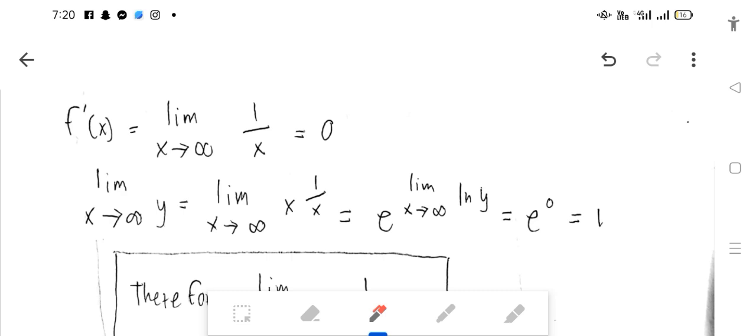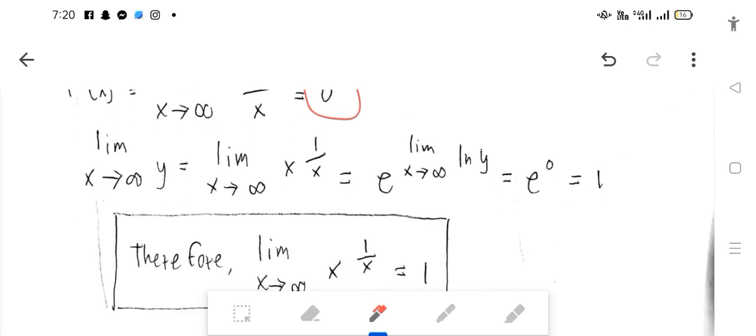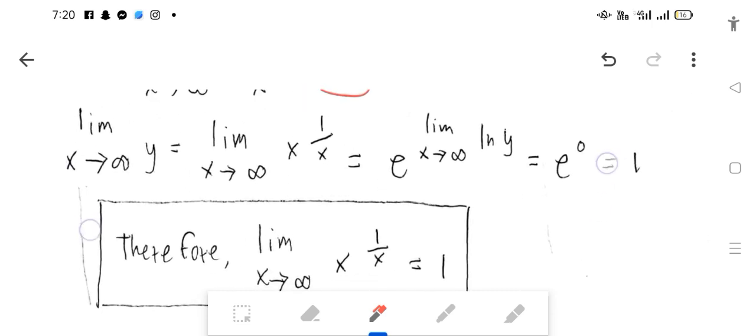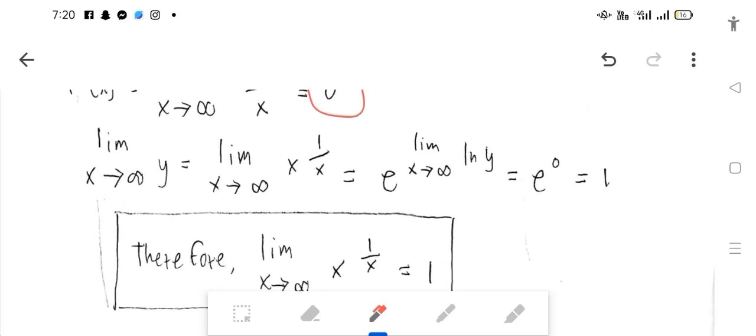Based on our solution, we have already found that the limit of ln y is equal to 0. And e raised to 0 is equal to 1. Therefore, for this example, the limit of the function x raised to 1 over x as x approaches infinity is equal to 1.